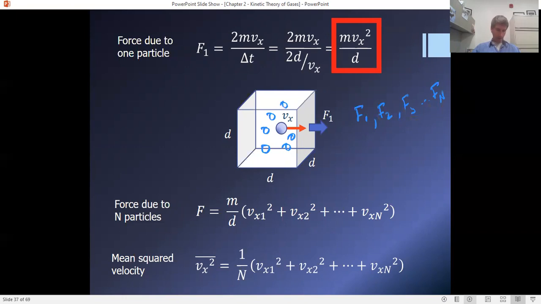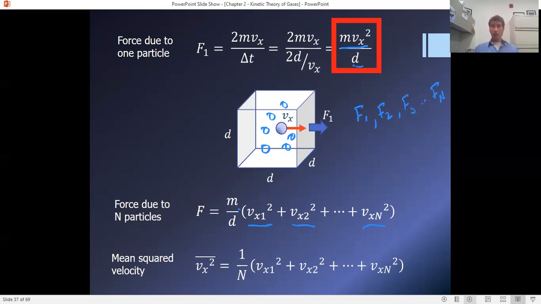So now my expression becomes, instead of mvx squared divided by d, it becomes m times vx1 squared, vx2 squared, vx3 squared. You know, I have many different particles all the way up to the nth particle. Okay, I filled my box up with n particles now.